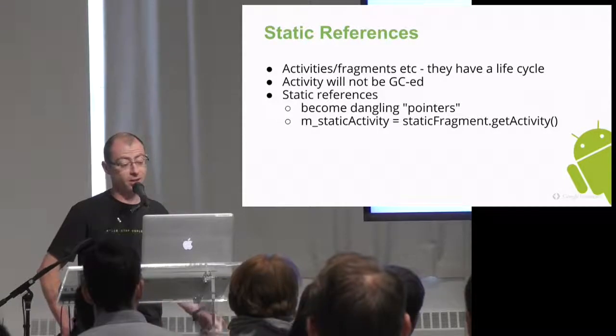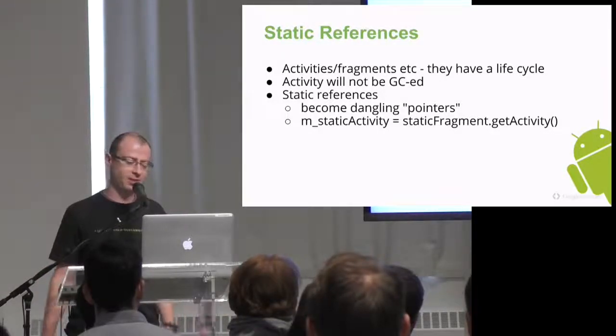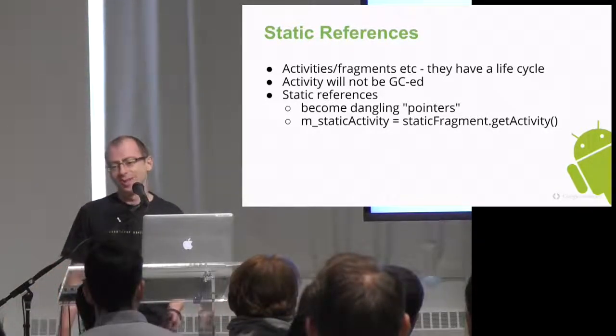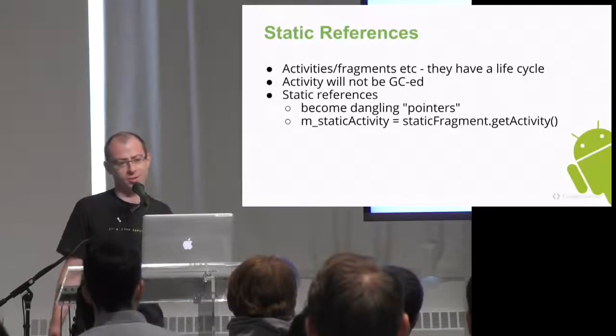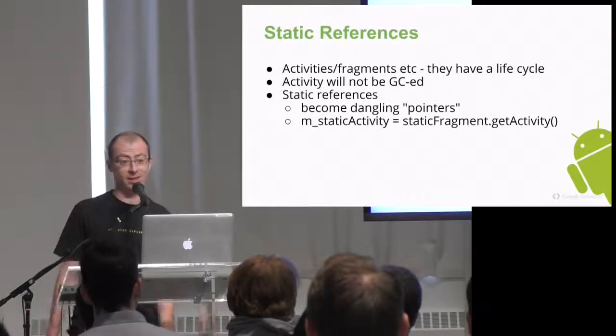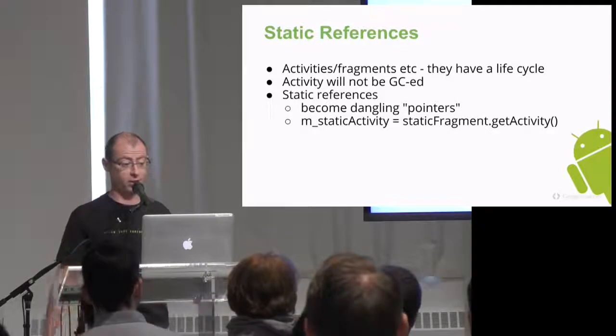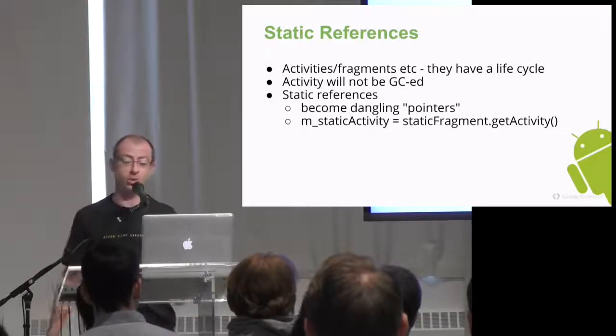They become dangling pointers. And I have seen this code, mStaticActivity equals staticFragment.getActivity, too many times, unfortunately. On one occasion, it took 2 weeks of my life to understand why the app was crashing at unexpected times. Really not my favorite activity to run after those bugs. I hope not yours as well.